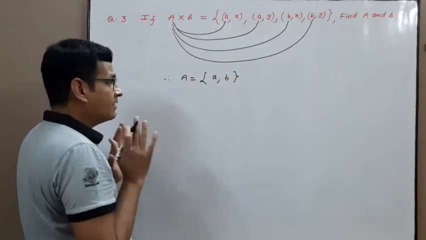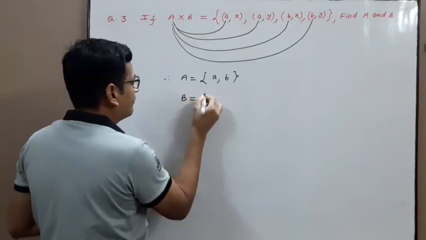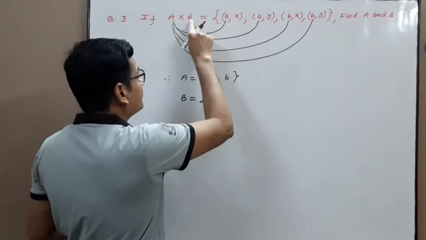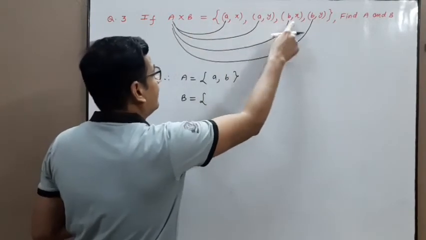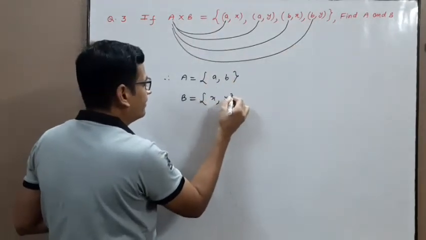In a set we write an element only once, that's why I write a, b. Similarly, set B is equal to the set of all second elements. The second element belongs to the second set, so x belongs to B, y belongs to B. So B is equal to {x, y}.